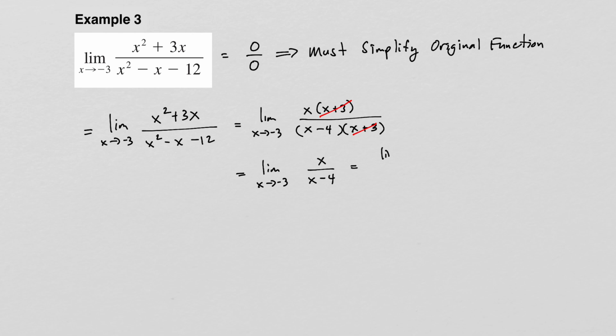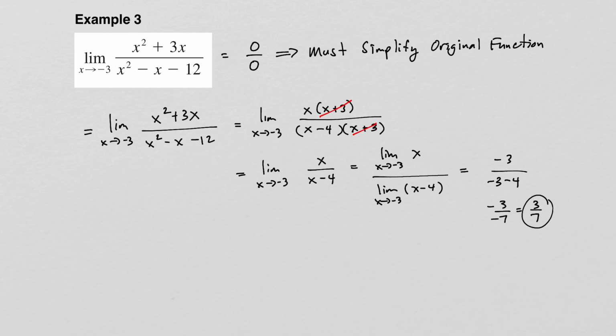And now if we take the limit of the numerator divided by the limit of the denominator, we can apply the limit laws and get an answer of negative 3 divided by negative 7, which is 3/7. So anytime your original limit ends up being 0 divided by 0, you must look to simplify the original expression.